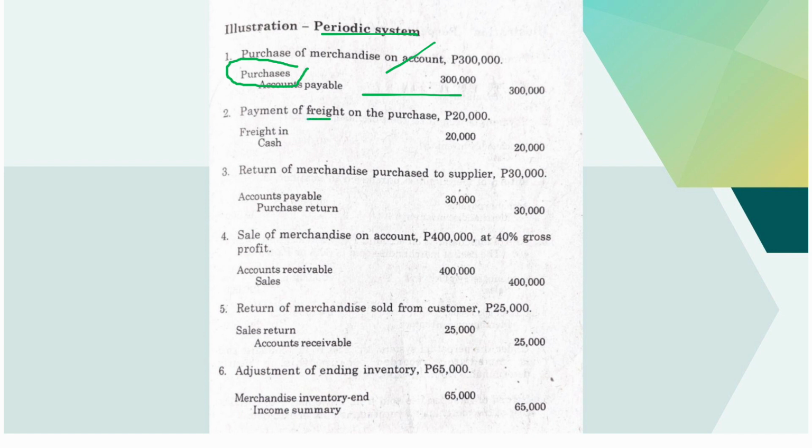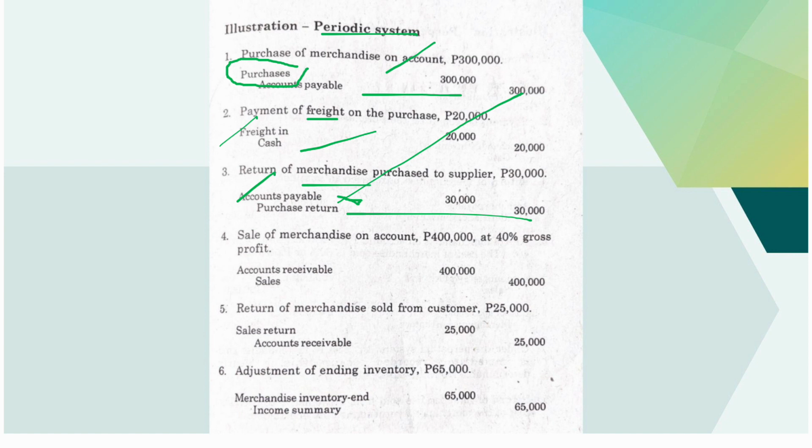And then freight in, paid in cash, in the amount of 20,000. Debit to freight in, a credit to cash. Return: debit accounts payable, kasi nga ibabalik mo siya, then therefore mababawasan yung liability mo, and then temporarily, you have to use the account purchase return.